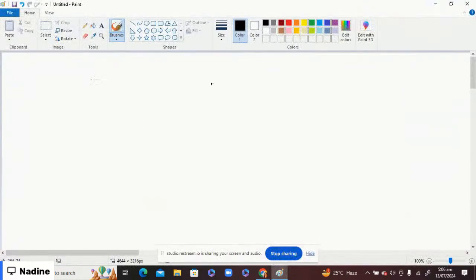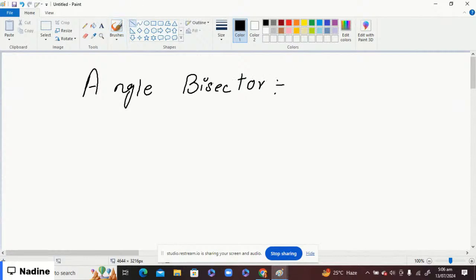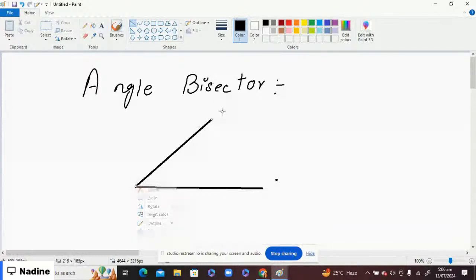For example, if they are talking about the angle bisector, here are two lines, and they make an angle.